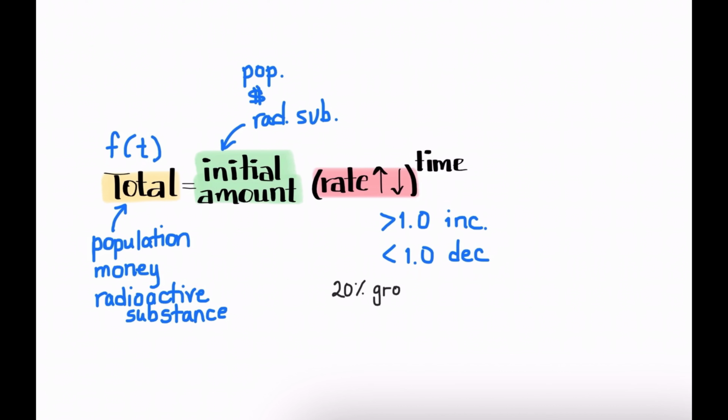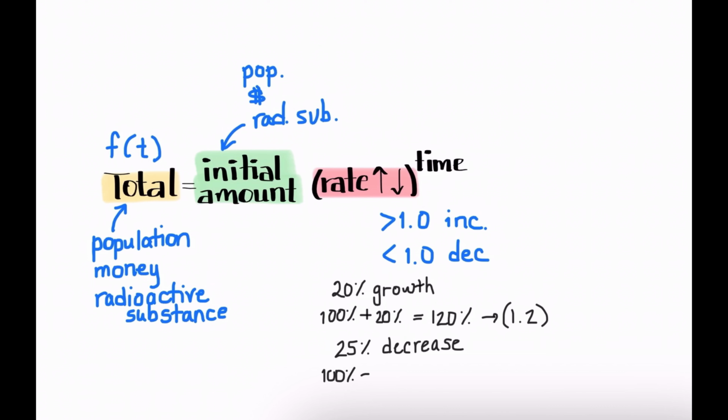For example, if you have a 20% growth, what it is really saying is that you have 120%, which as a decimal is 1.2. If you have, however, a decrease of 25%, then really the rate is 75%, and as a decimal, 0.75.